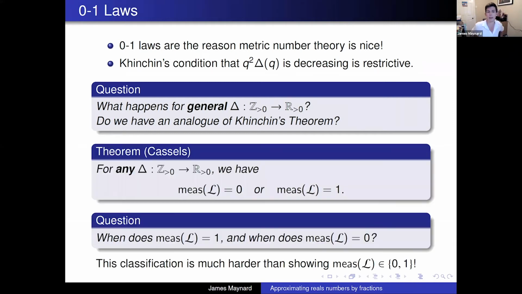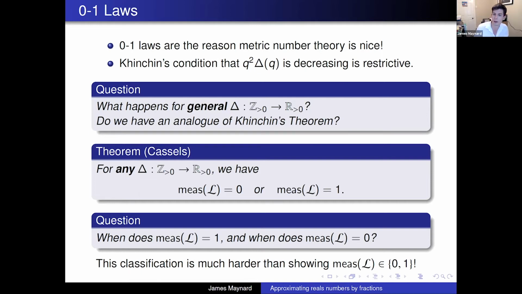Well, it's an old result of Cassels that regardless of what function delta you're looking at, you do still have a 0-1 law. So even without q squared delta q being decreasing, we do know that this set of reals with these sorts of approximations up to errors delta q either has measure 0 or it has measure 1.